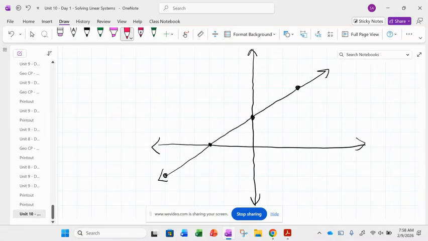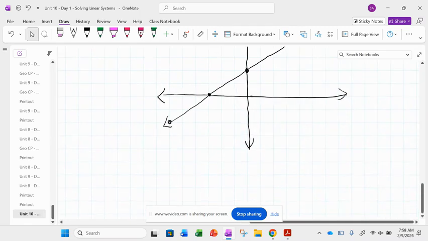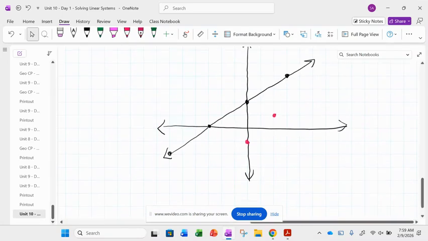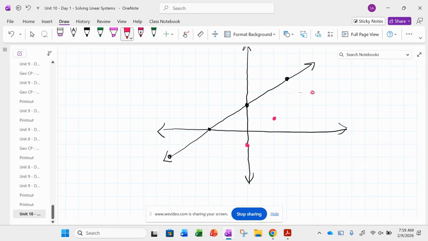And our other line, we have our y-intercept, I think is negative 1, was it? Yep. Our y-intercept was negative 1. And then we're going up 2, to the right 3. And then down 2, left 3.